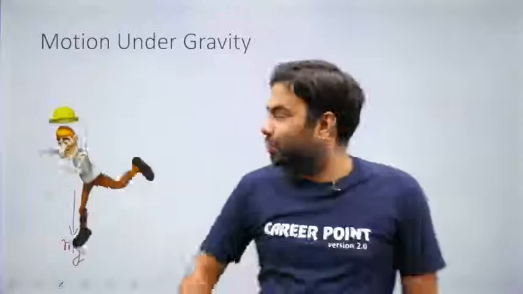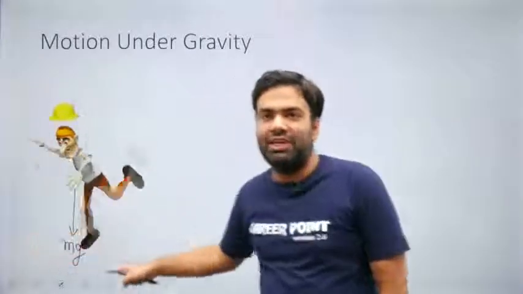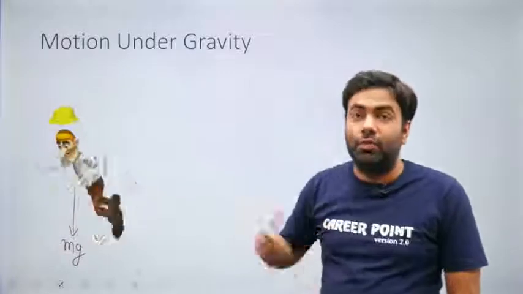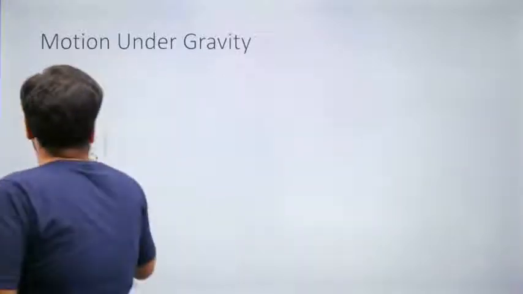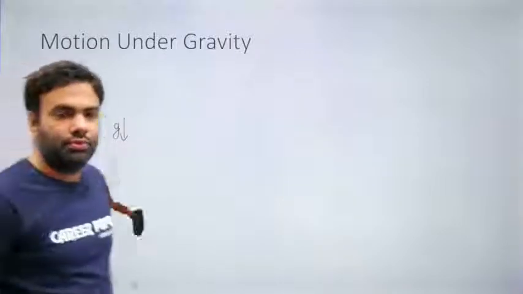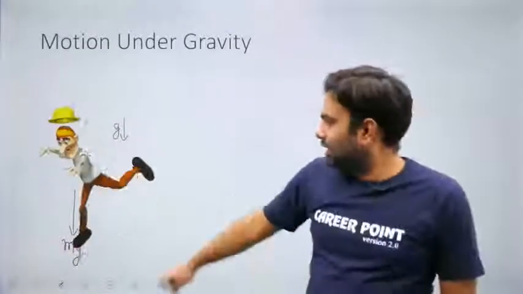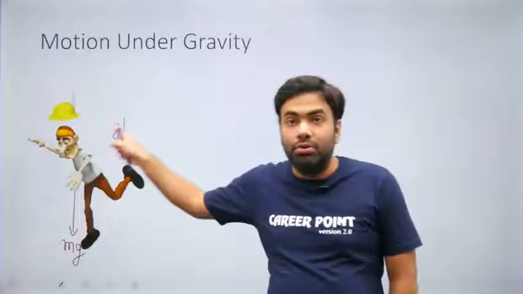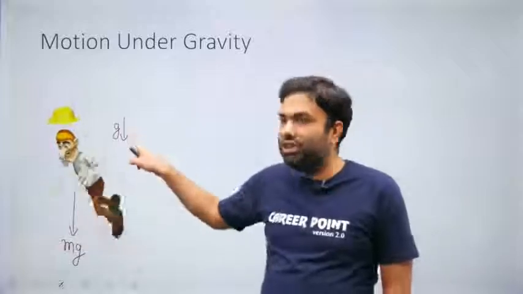Suppose only this force is acting on this man who is freely falling, then what will be its acceleration? Its acceleration will be g downwards. This mg is the force exerted by Earth, and due to this force its acceleration is g downwards.